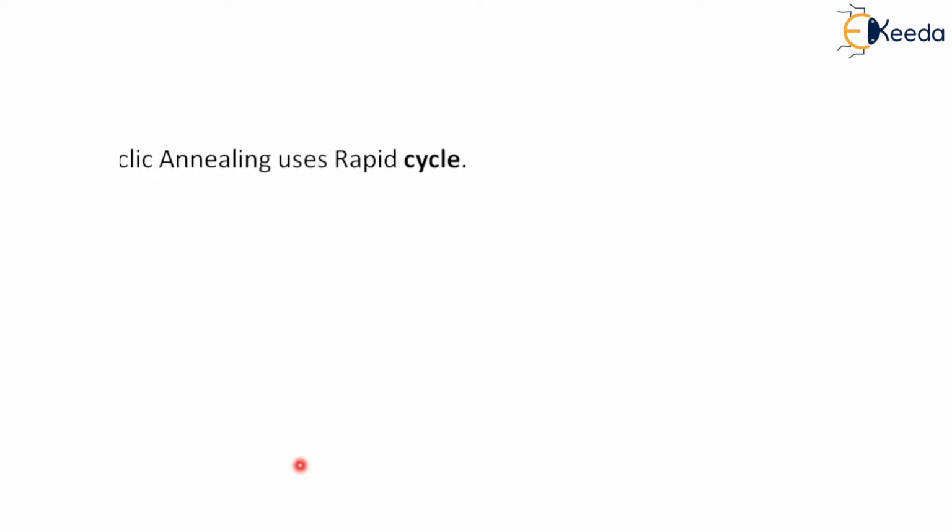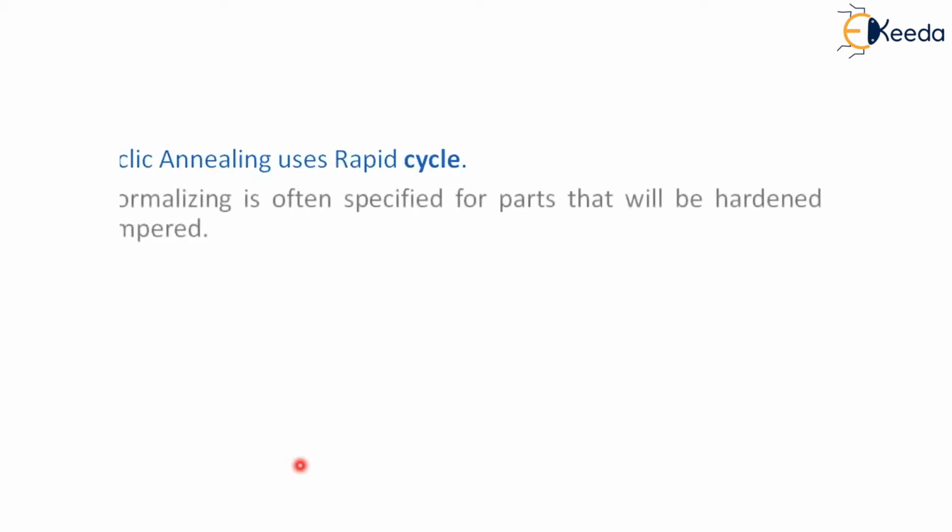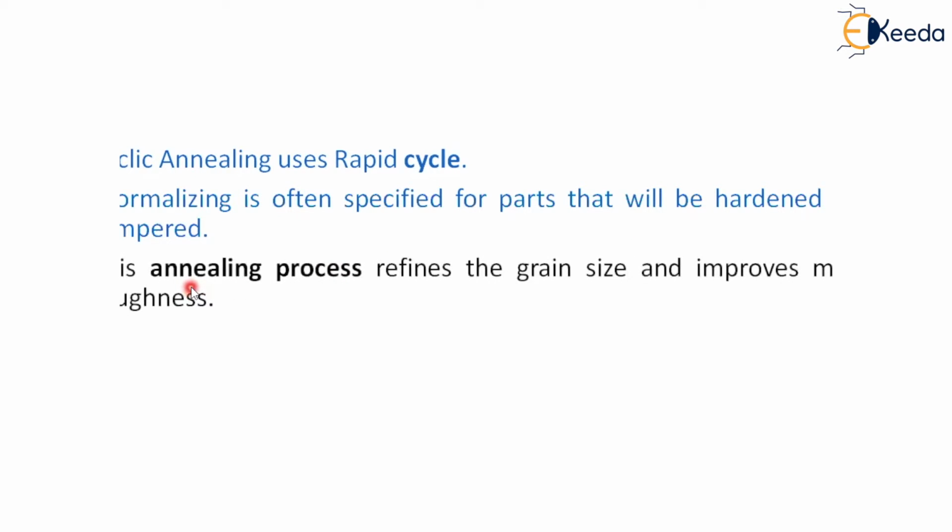If you compare, the cyclic annealing process is a rapid cycle compared to the other processes. Normalizing is the main heat treatment process that we utilize for parts that will be hardened and tempered. The annealing process refines the grain size and improves the metal toughness.